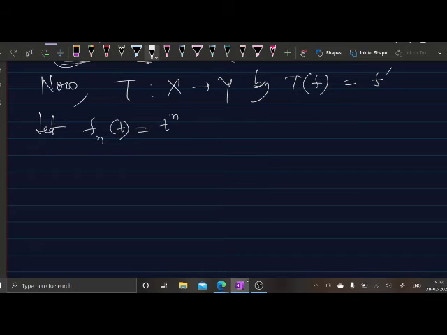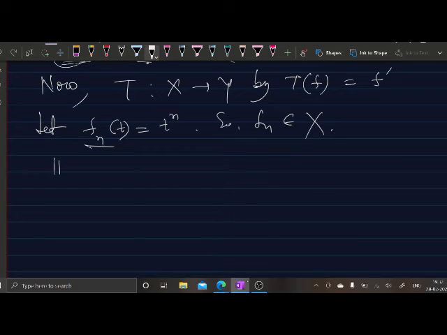Then these f_n's are continuous maps. Not only that, these are differentiable, and in addition to this, the derivative function is also continuous. So f_n's are in X.